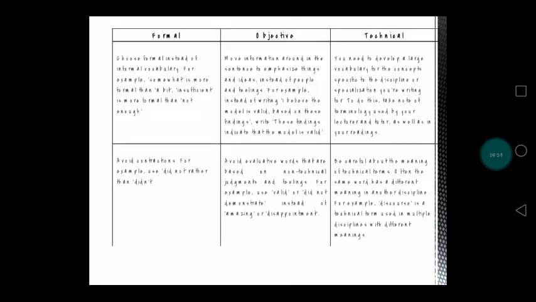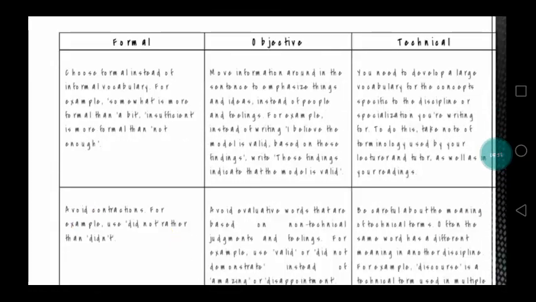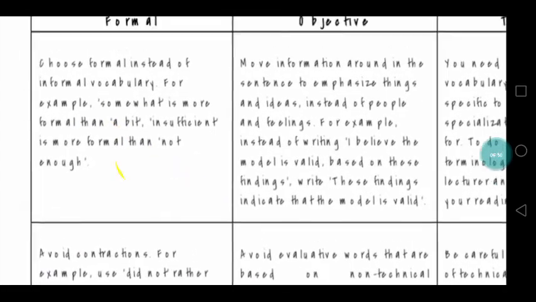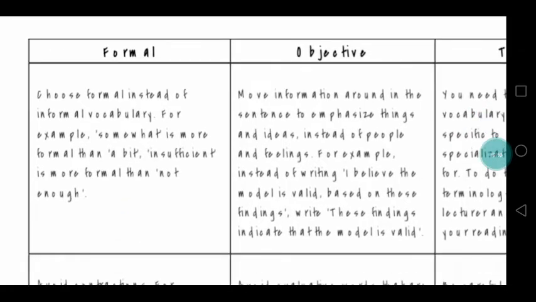Here are the examples. For formal, choose formal instead of informal vocabulary. For example, somewhat is more formal than a bit, and insufficient is more formal than not enough.